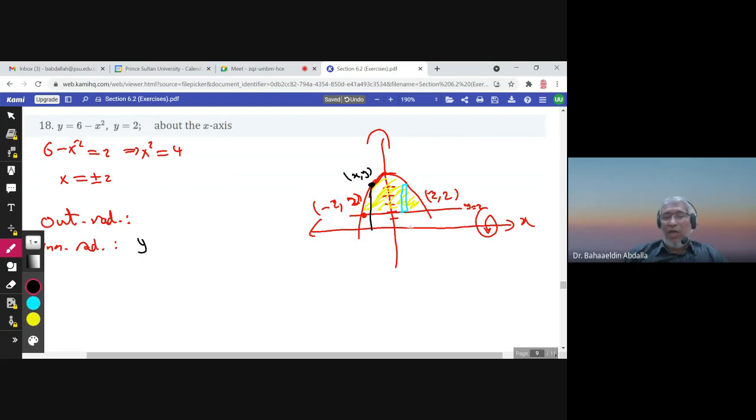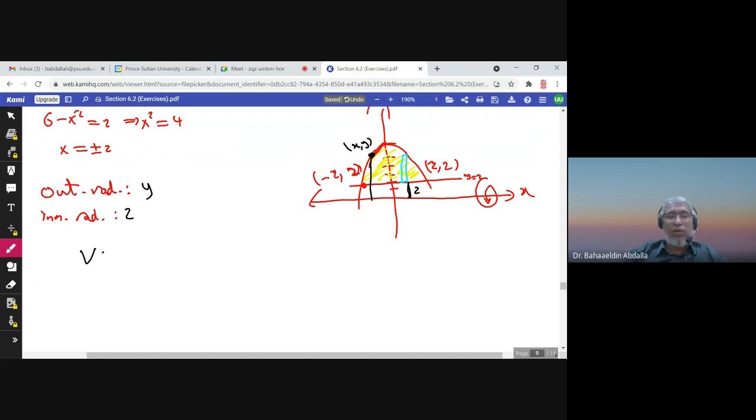While the inner radius is the distance from here to here. And the distance from here to here is fixed because this is the line y equals 2. So the distance is 2. So the outer radius is y and the inner radius is 2.